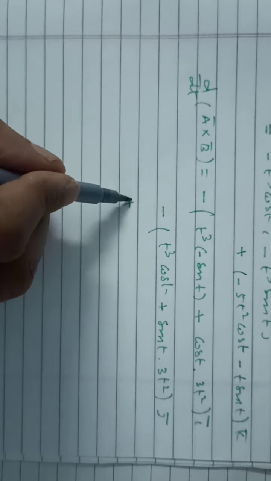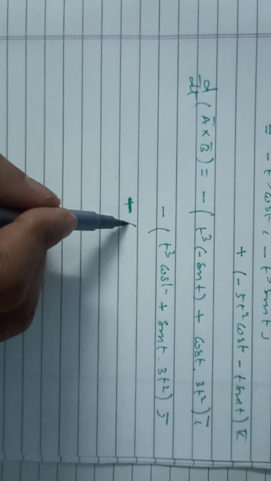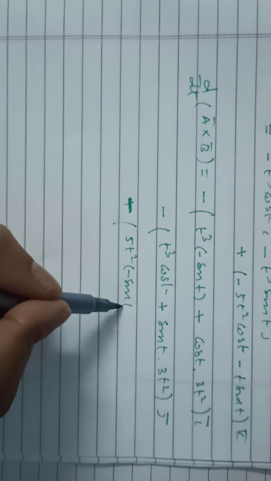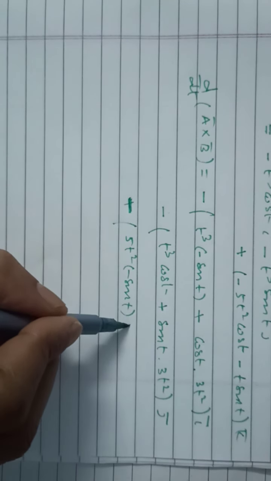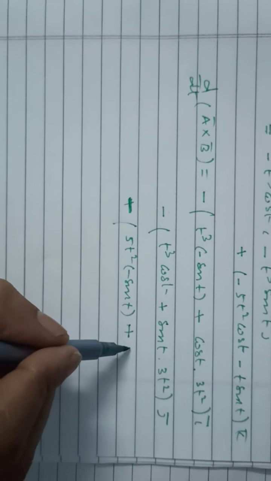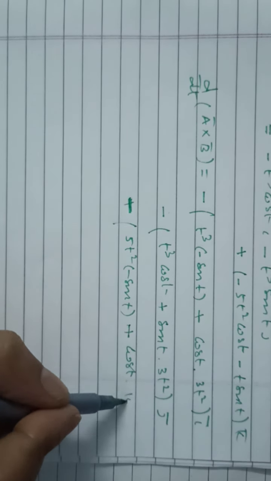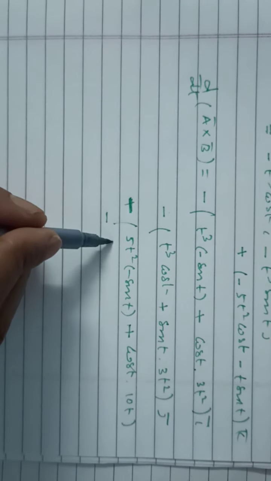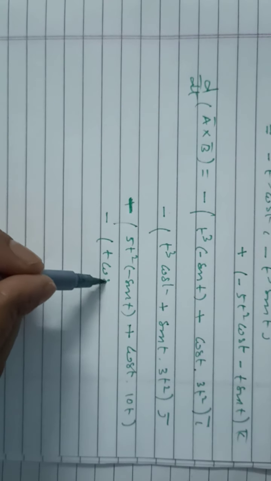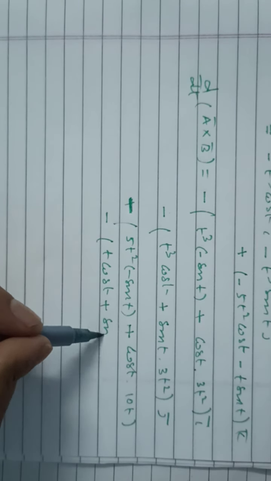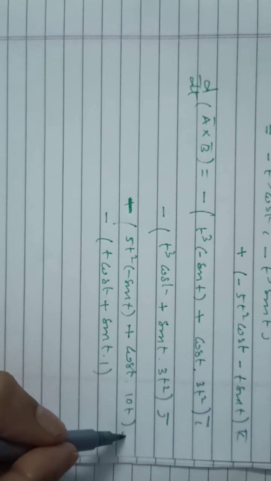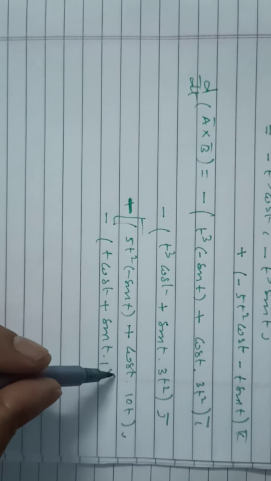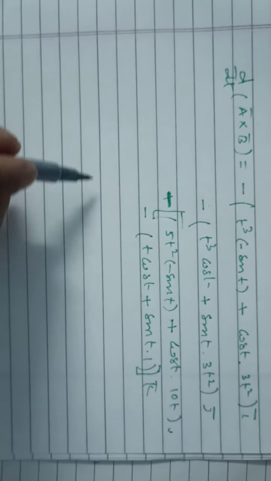Plus, the total minus is outside, differentiation of 5t square into minus sin t plus cos t into 10t. Next minus, for this the differentiation is t cos t plus sin t into 1, the total of k bar.